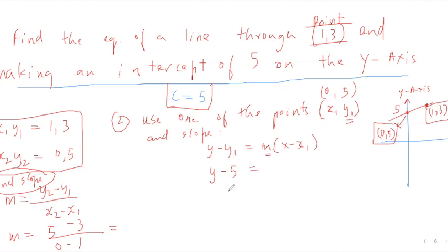We worked out what m is: 2 by minus 1 is minus 2. So minus 2 into x minus x1, x minus 0. So y minus 5 is equal to minus 2x, or y is equal to minus 2x plus 5.